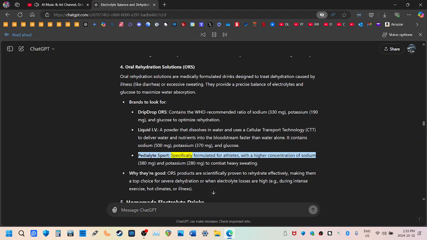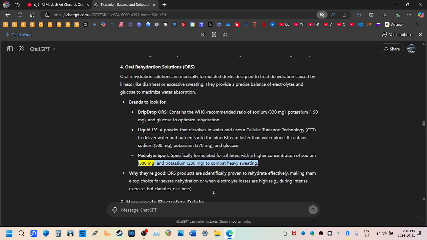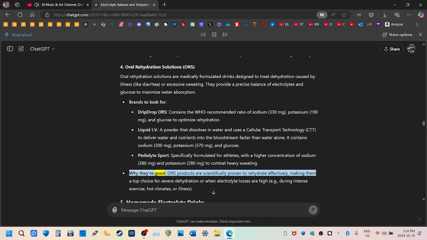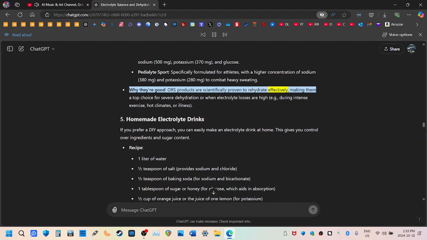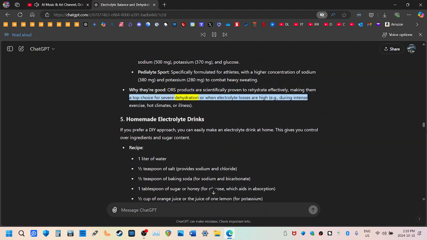Pedialyte Sport, specifically formulated for athletes, with a higher concentration of sodium, 380 mg, and potassium, 280 mg, to combat heavy sweating. Why they're good? ORS products are scientifically proven to rehydrate effectively, making them a top choice for severe dehydration or when electrolyte losses are high, e.g., during intense exercise, hot climates, or illness.